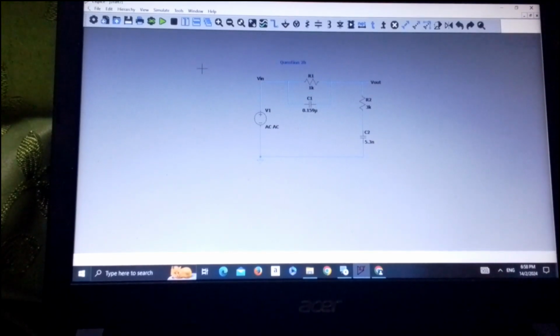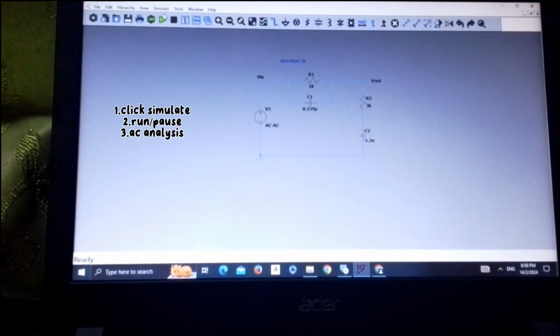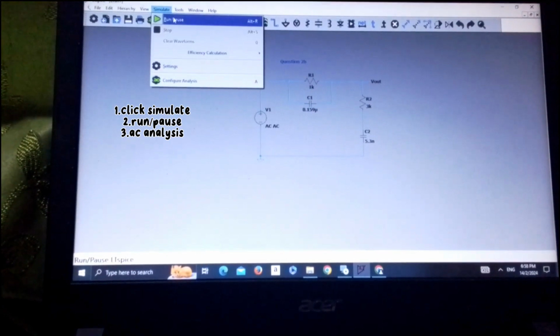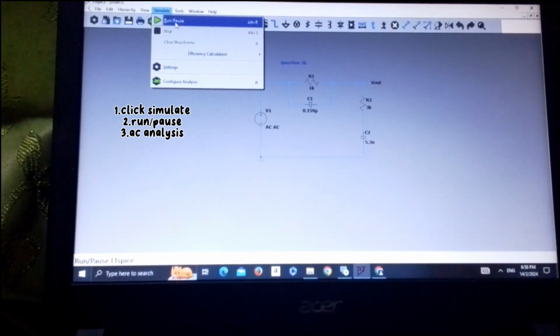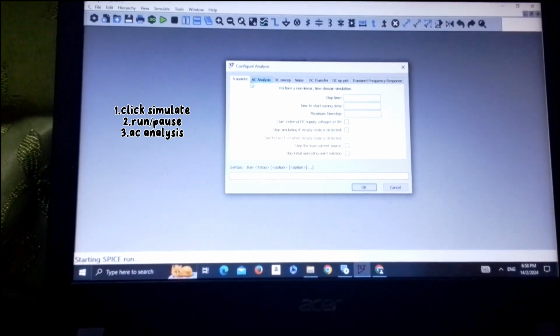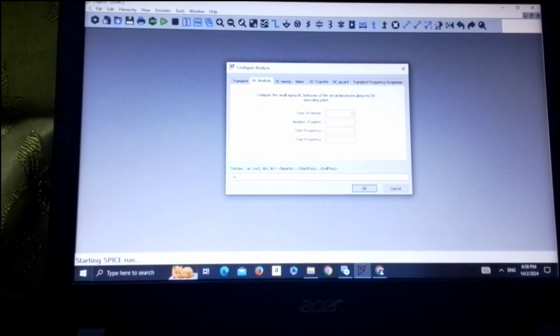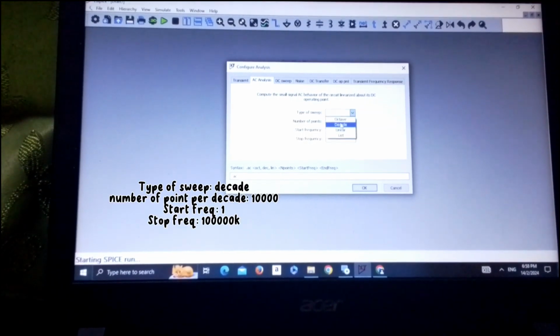Then we need to go to simulate, which is here. Just click here and click run or pause. Click that. We don't use transient because we need to use AC analysis. For the type of sweep, we need to choose decade.